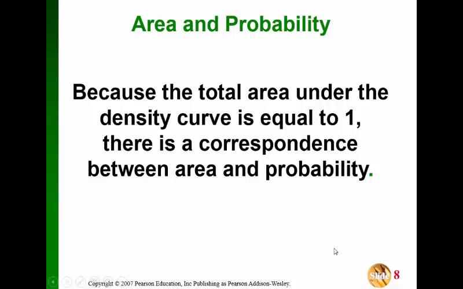Geometrically, this would be easy for us if the area was a rectangular region. If we had a uniform distribution, then we're looking at finding rectangles, and you need to find the area of a rectangle, base times height. But when we start talking about the normal distribution, finding the area of that is not geometrically possible for us. So we'll have to rely on a table. Nope, we're going to rely on our calculators. They do talk about the table here, and I'll minimize the discussion of tables for us.